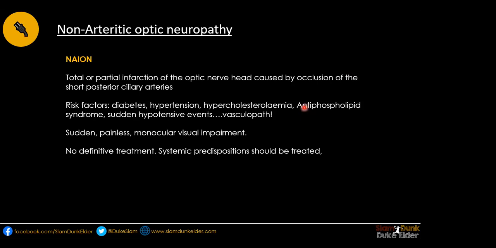So it's extremely important to get the message over to them that controlling these systemic predispositions will really influence their prognosis. And generally, the patient will present with a very sudden, painless monocular visual loss.